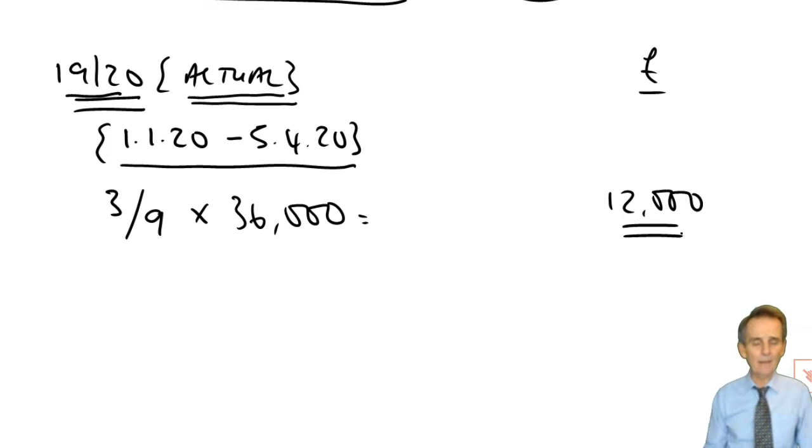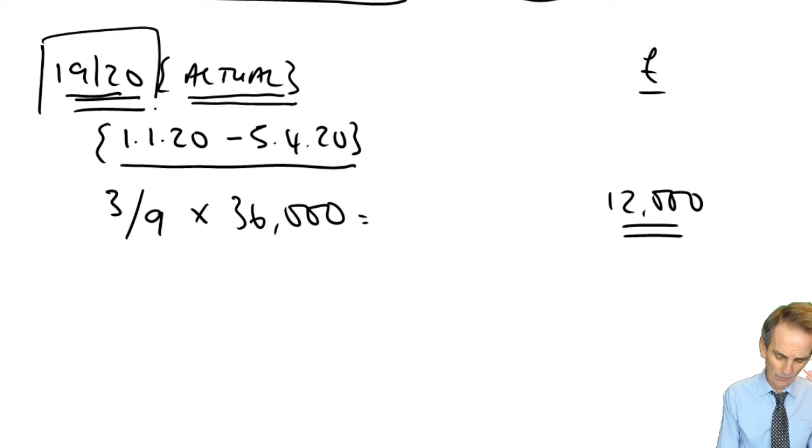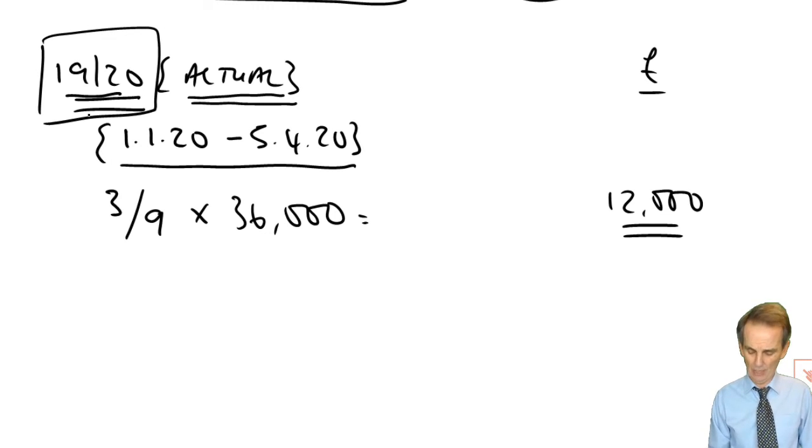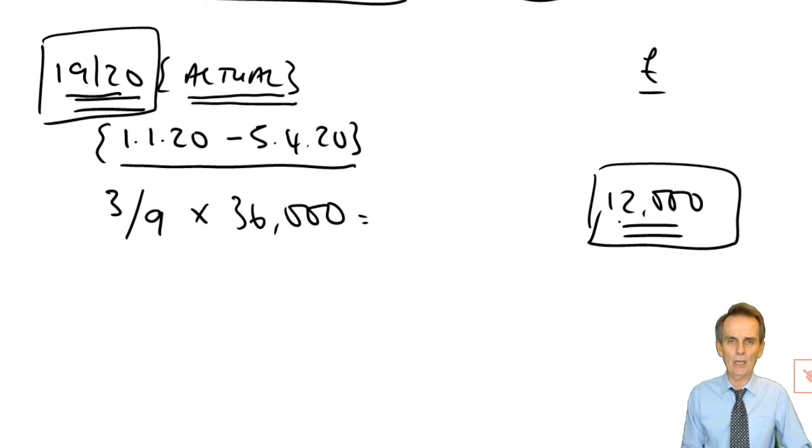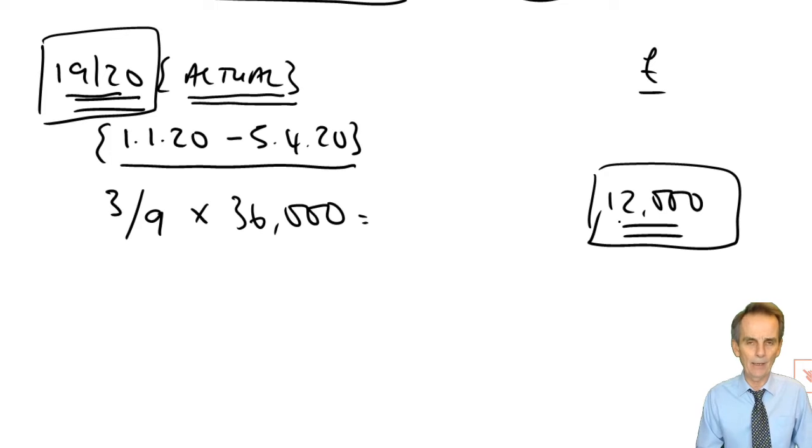What does that mean? It means that if you were then required to prepare the income tax computation for the 1920 tax year, you now know that £12,000 is the tax-adjusted trading profit to include on the income tax computation for that 1920 tax year.